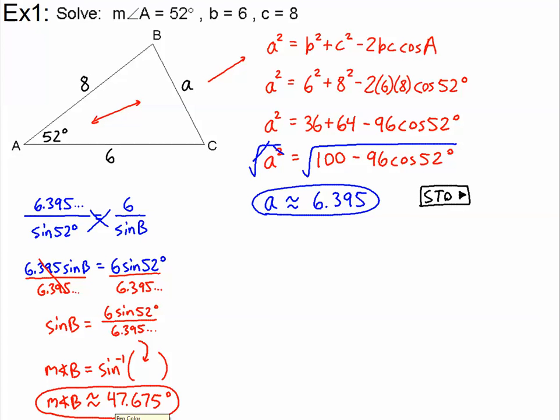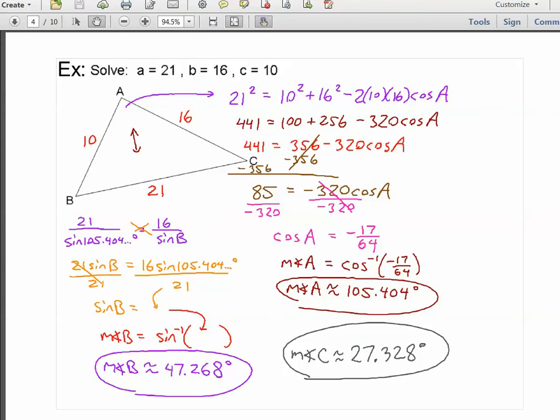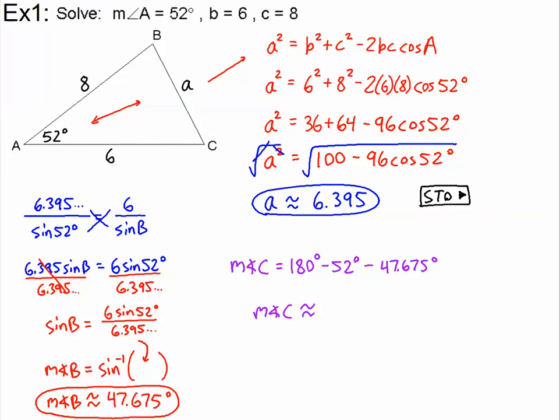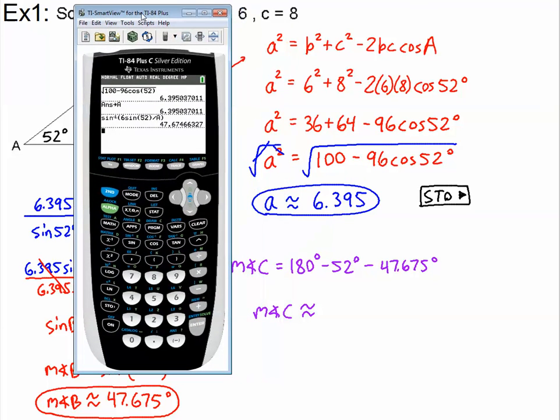Most of the work is now finished because we're just missing one angle, and we know that all 3 angles add up to 180 degrees. So measure of angle C is really not going to be that difficult. We'll take 180 degrees, we'll subtract the 52 degree angle that we were given, and we'll subtract the 47.675 degree angle that we just found. That's not going to be too difficult to do. Measure of angle C, where's my calculator? There it is.